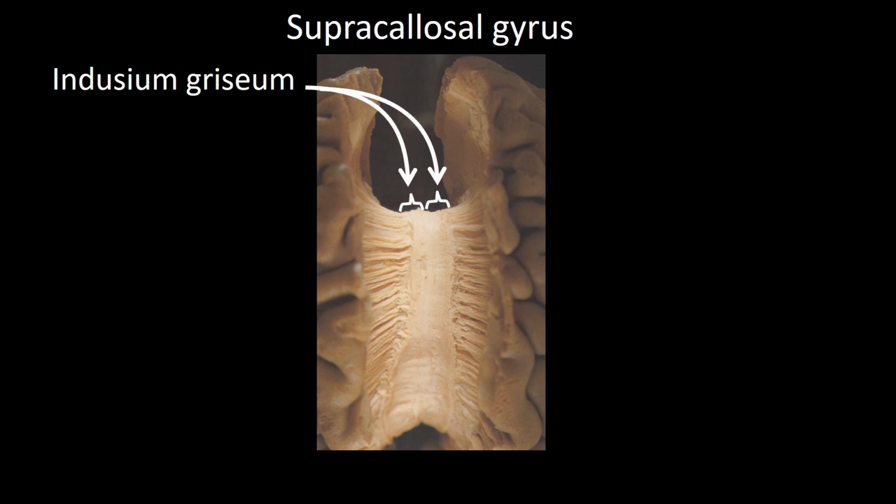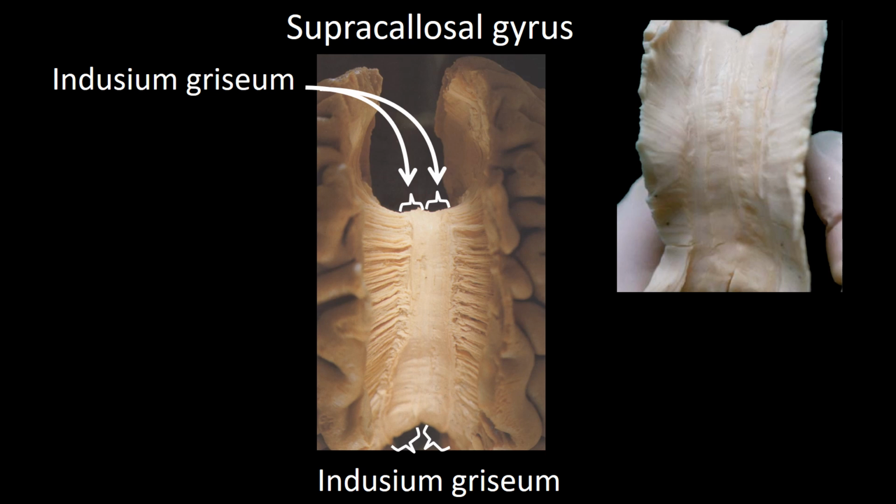This thin cover is called the indusium griseum, here indicated anteriorly by the two brackets, and here more posteriorly. I have now added an enlargement of the superior surface of the corpus callosum that allows us to see the indusium griseum a little bit better.